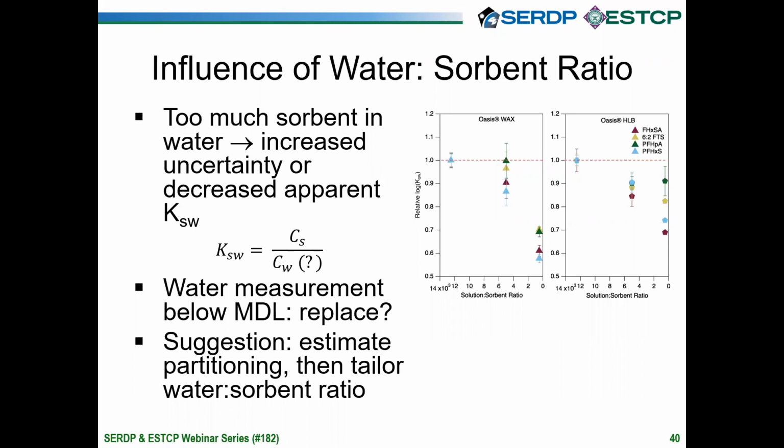And that is basically once you have too much sorbent and too little water, you deplete the water column and you cannot measure the PFAS necessarily. And so now you suddenly have to start doing a method detection limit replacement. You start introducing uncertainties. And so clearly it's important to have enough water relative to sorbent to get good results.